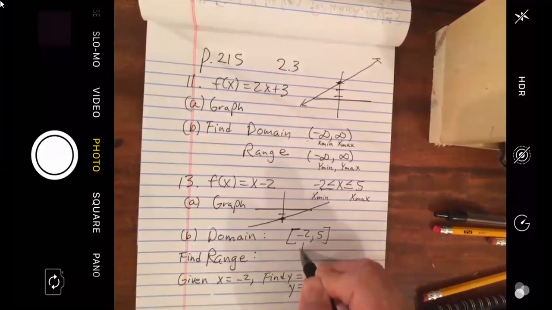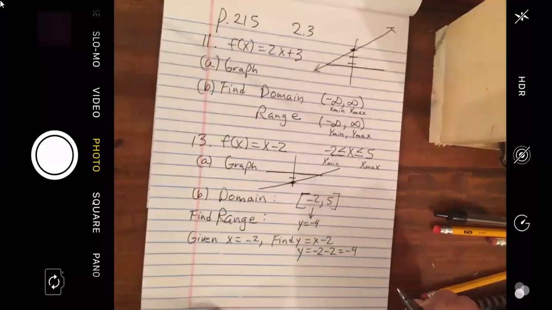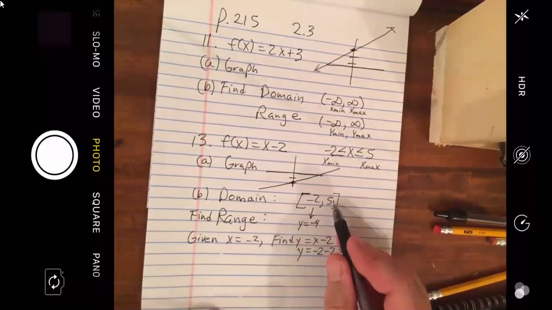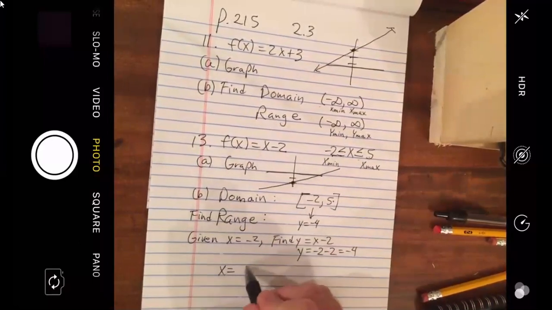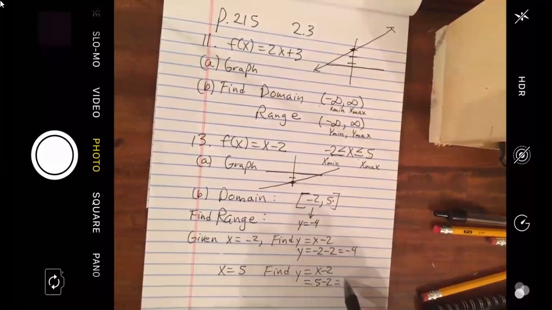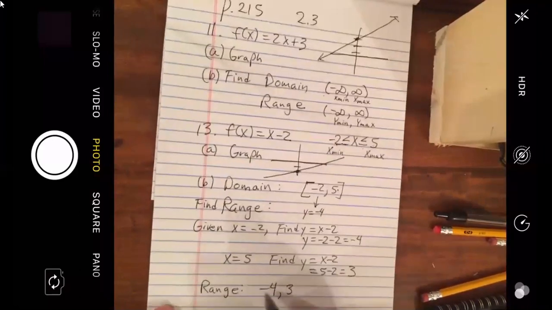So this has a y value of -4. And I've got to do the same thing for the 5. x equals 5. Again, y is equal to x minus 2, which means 5 minus 2, which equals 3. This gives me a range, y min of -4, y max of 3, and again within brackets.